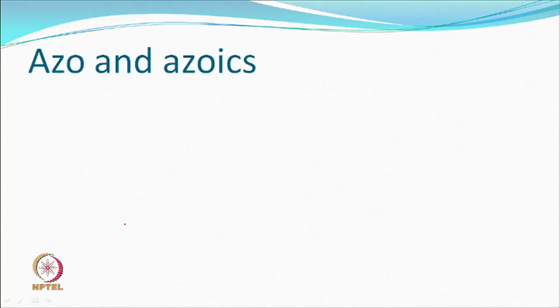Azo and azoics, I am just repeating this here because some of the answers that I read were not very clear. The manufacture of azo dyes is also done exactly in the same manner as azoics are produced. All right. The only thing is that it is being done in an industry, the chemical industry.